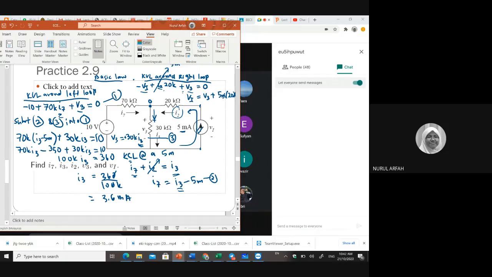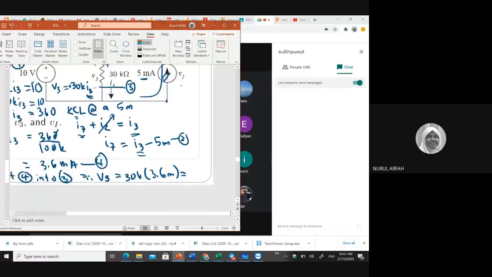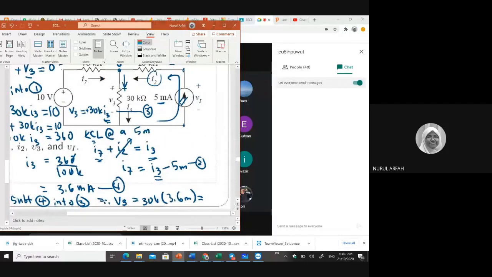And then you can substitute into equation 3. This is number 4. Substitute 4 into 3. You will get V3 equal to 30K into I3, 3.6 milli. What is this equal to? I don't have a calculator, but you can find it.